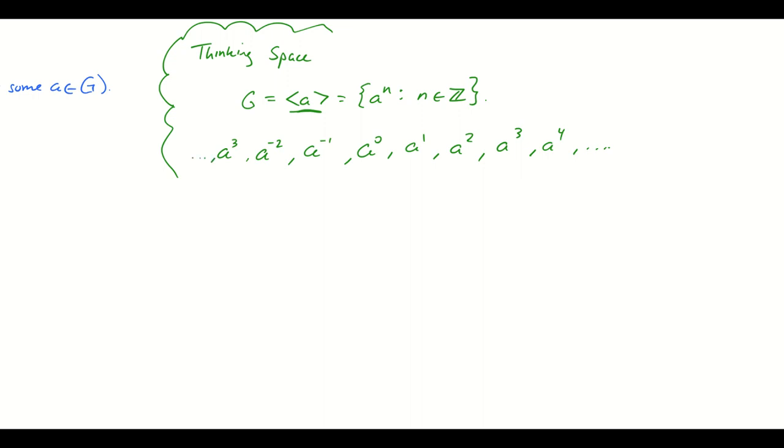So G either looks like this, or it looks like this. You have some powers of a, and then eventually you circle back to a to the n, which is equal to a to the 0, where n is the order of a. Okay, so either a has infinite order, or a has finite order. And in each case, we have a pretty good picture of what the group looks like.